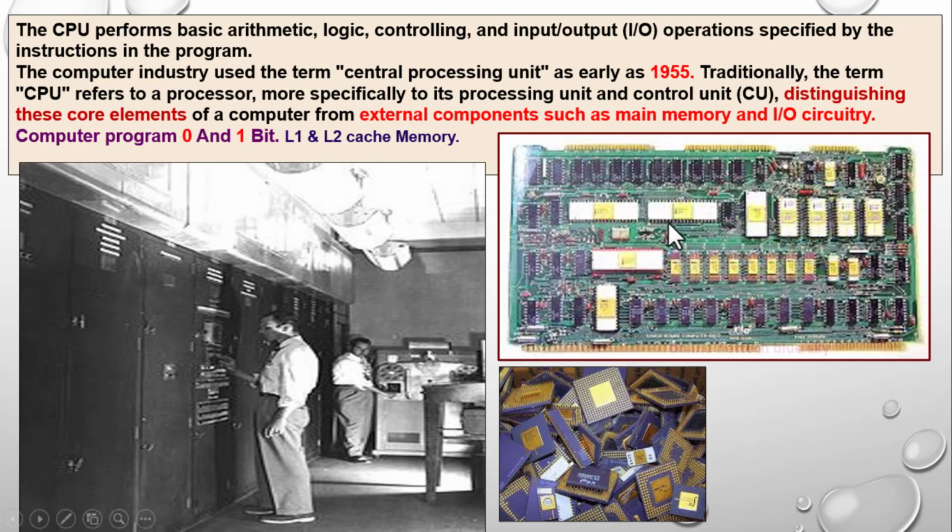After this type of CPU was created as a small chip, you can see here a big computer from 1955, and here a computer from 1985. After 45 years, this type of computer became this type of small chip.